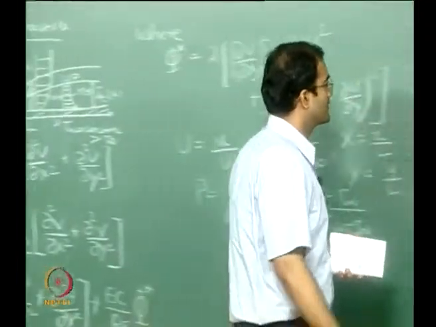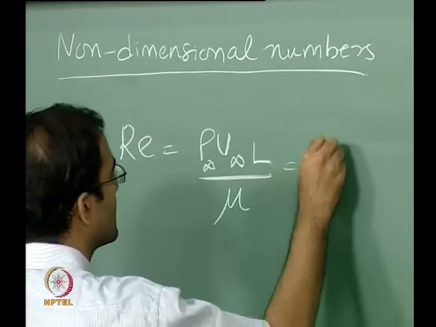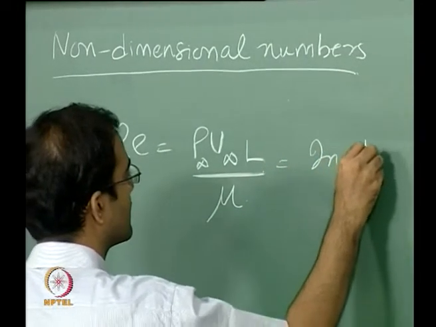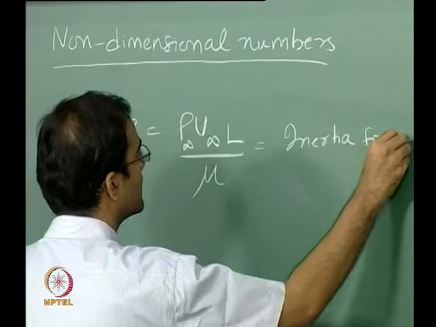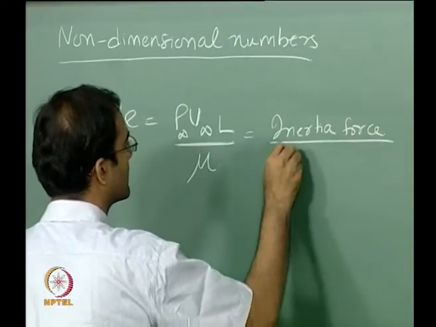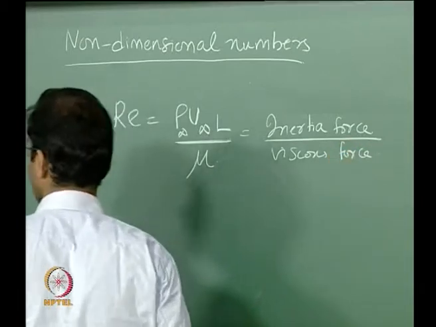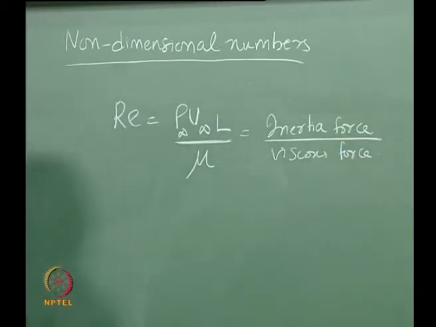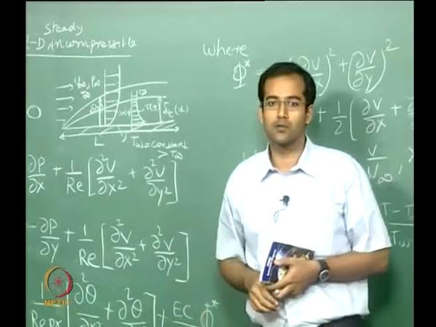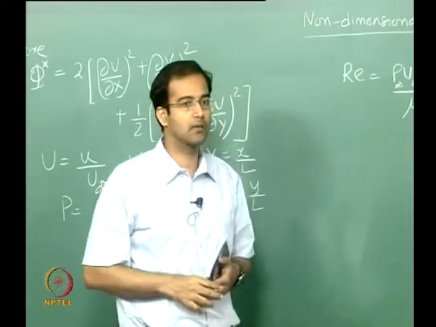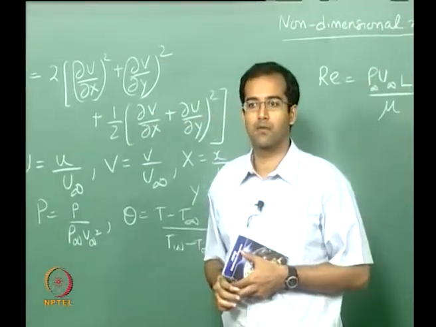Okay, so this denotes the ratio of your inertial force to the viscous force. So if you look at the non-dimensional form of the momentum equation, how can you use the Reynolds number to classify the flows, for example?